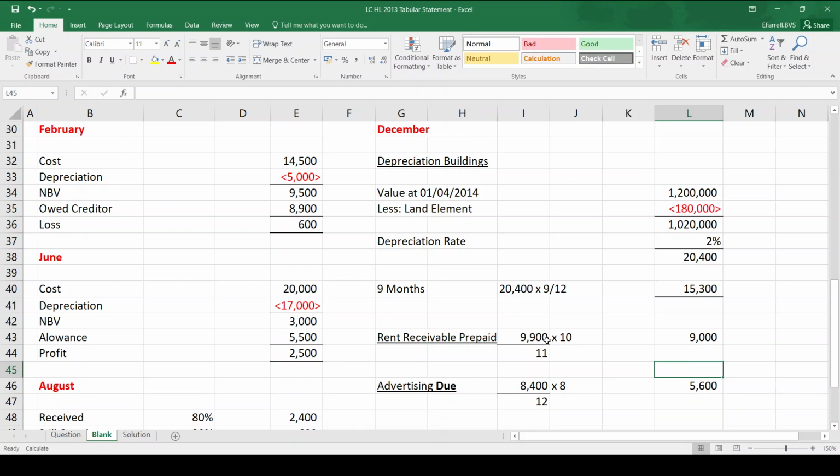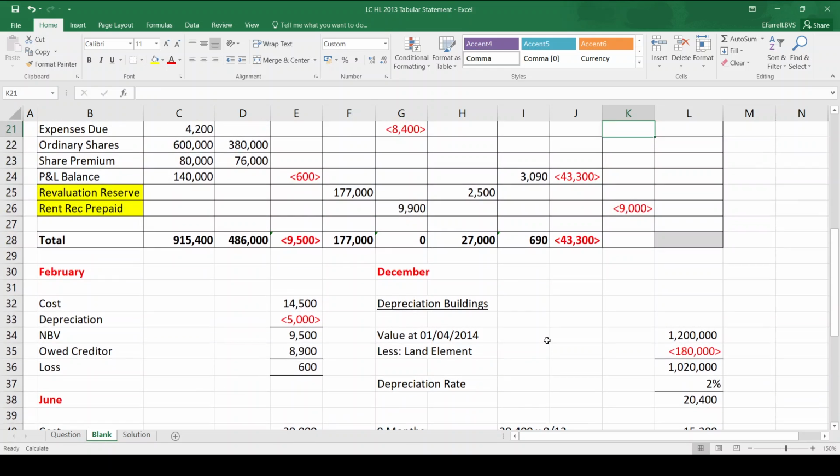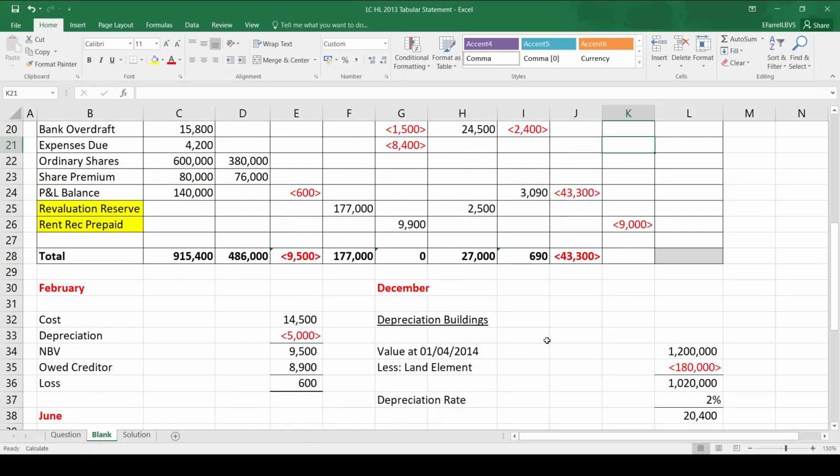And I now need to put these figures into the tabular statement. But first of all, the rent receivable prepaid, 9,000, is going to go in as a minus 9,000, because 10 of those months are affected in this year's accounts. So that would mean that 1 month, 900, will be still due at the end of the year. The expense due, the 5,600 will go here in expenses due, because only 8 of those 12 months were for this year, so it's going to go in as a plus 5,600, the opposite sign of what we put it in May, and the same with the rent receivable.